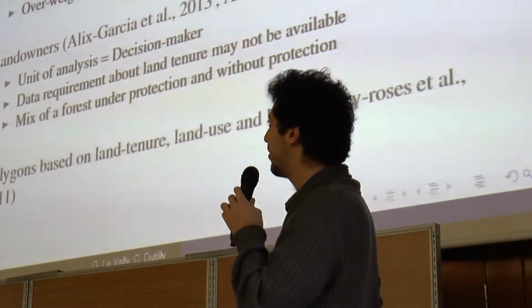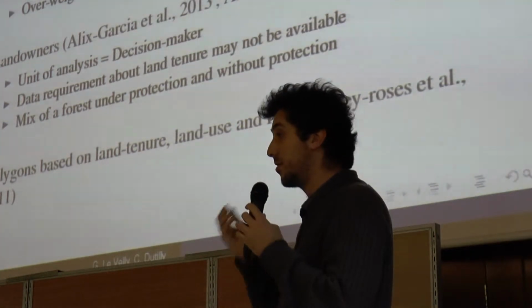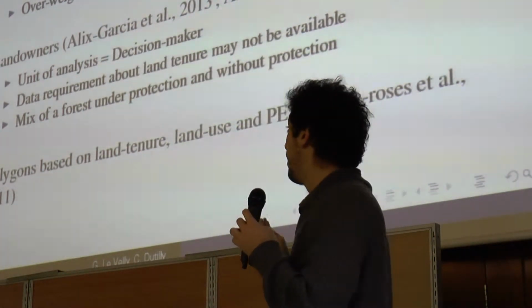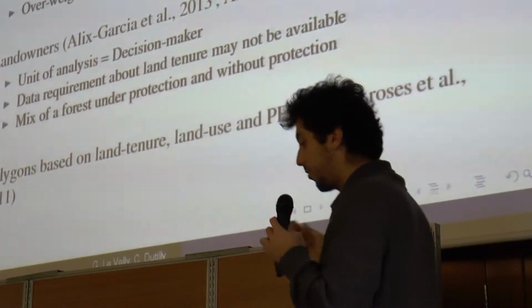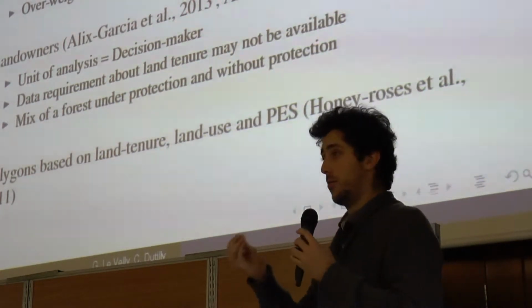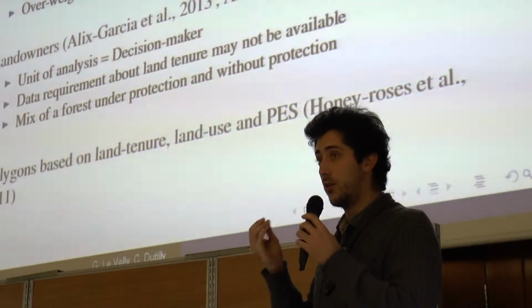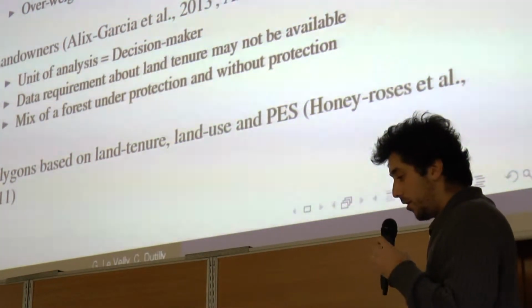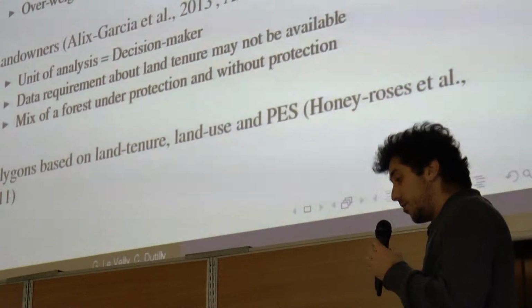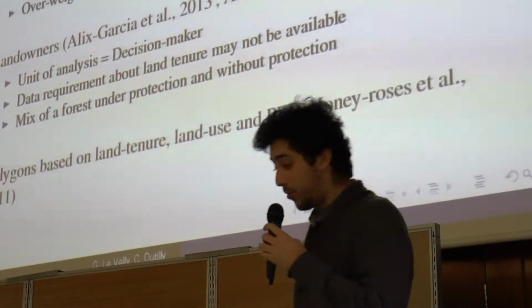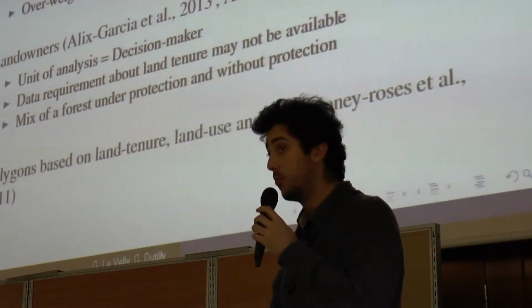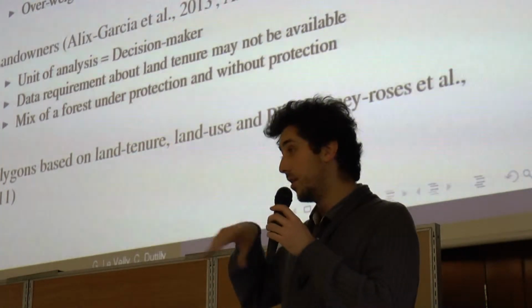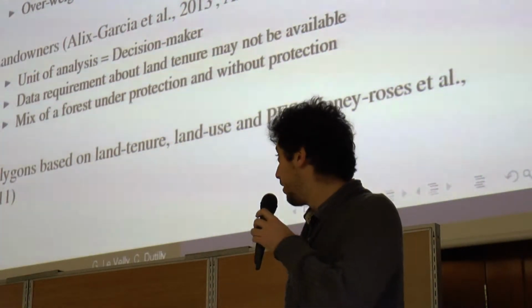On the other hand, when you're working at landowner level, the nice thing is that you're closer to your decision maker, so you're closer to your unit of analysis as an economist. So it feels comfortable. But you might have data requirements about land tenure that might not be available, because sometimes it's all messy and you don't really know who's the landowner.